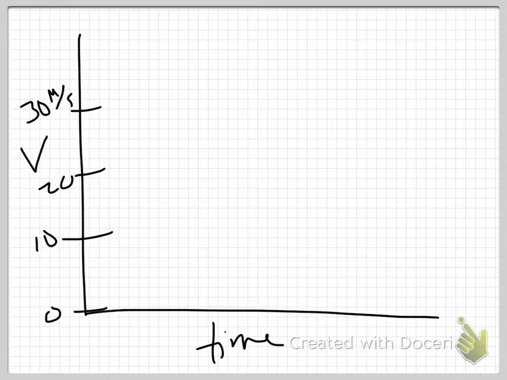So if from time 0 at 0 meters per second, you accelerate like this. So here you're going 0, here you're going 30 meters per second.